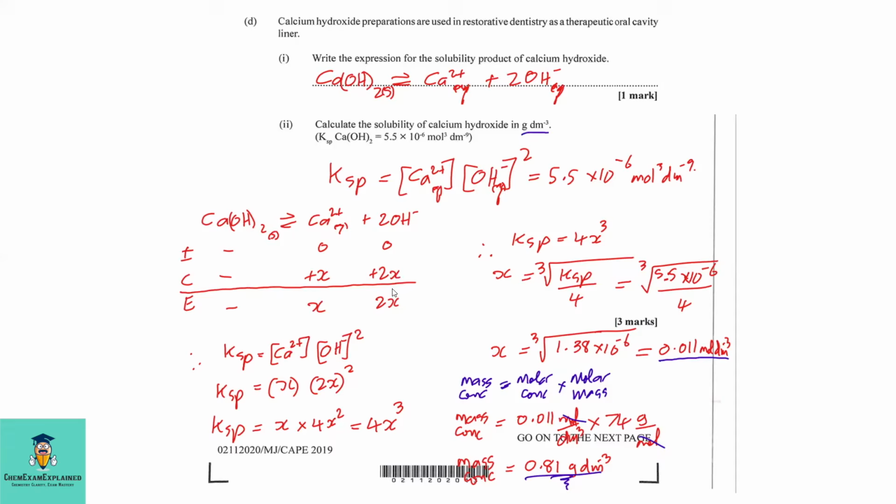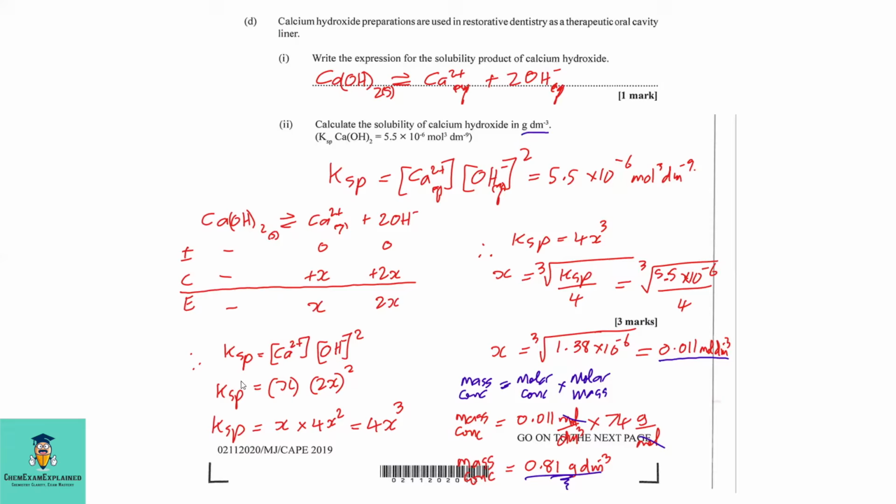From the ICE table, initially, we do not produce any moles or concentration of our ions. Our changes are going to be plus x and plus 2x because our stoichiometric ratio is 1 to 2. Our equilibrium concentration will be x for the calcium ions and 2x for the hydroxide ions.